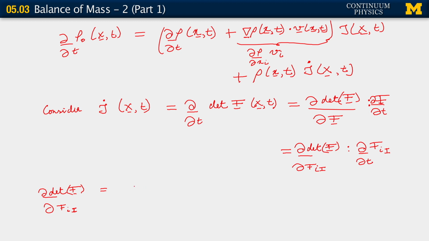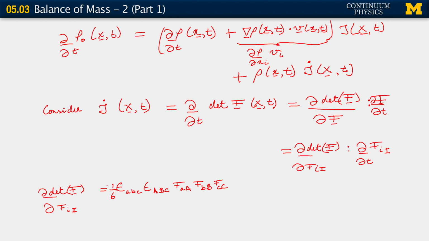The way that worked out is that we have epsilon little a little b little c, epsilon capital A capital B capital C, F little a capital A, F little b capital B, F little c capital C, and we have 1/6 of all of this.